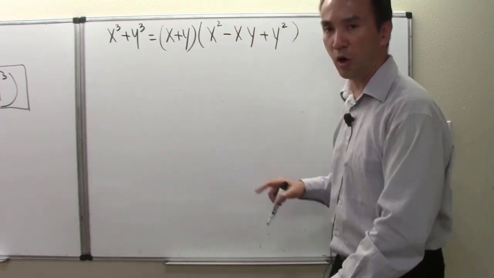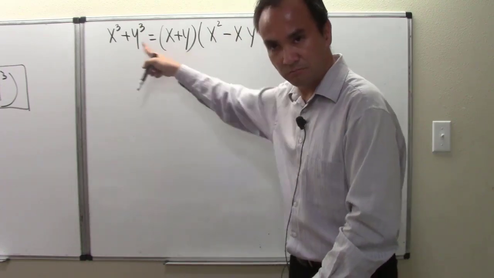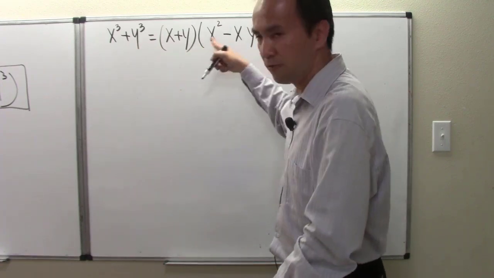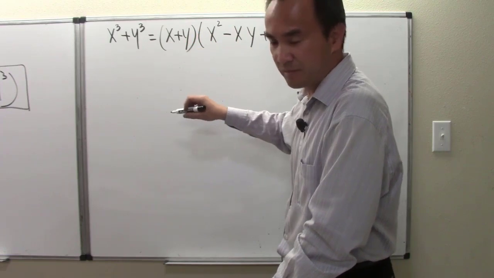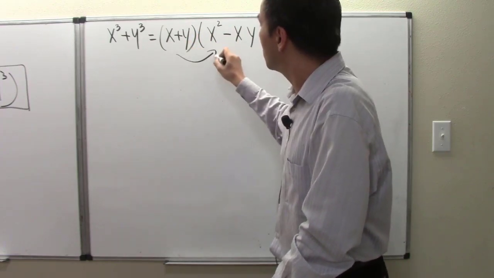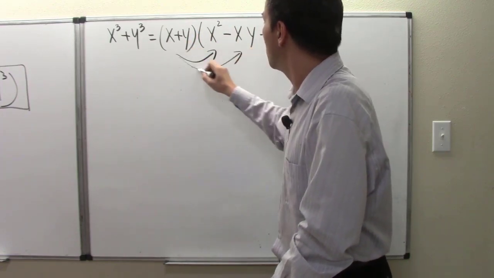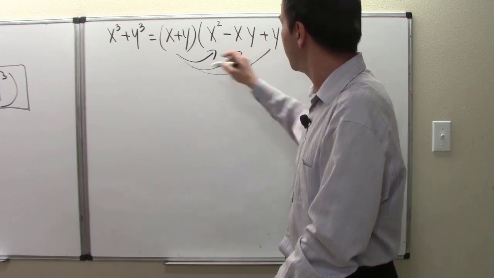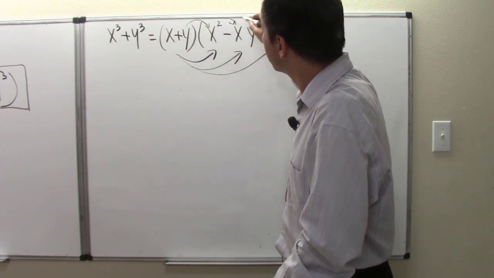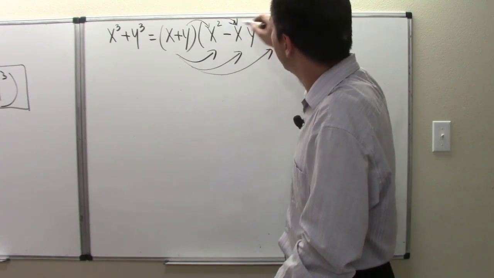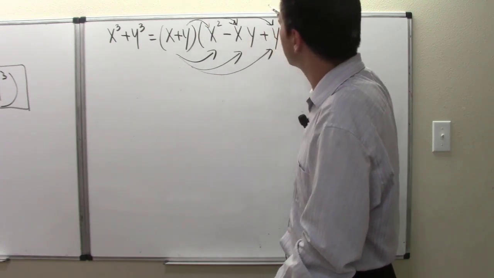The only way to verify this equality is to FOIL out or distribute all of these x and y terms. So I'm looking at x times x squared, x times minus xy, x times y squared, y times x squared, y times minus xy, and y times y squared.